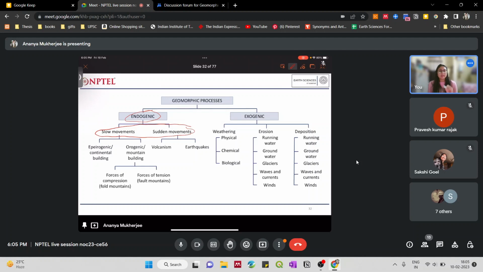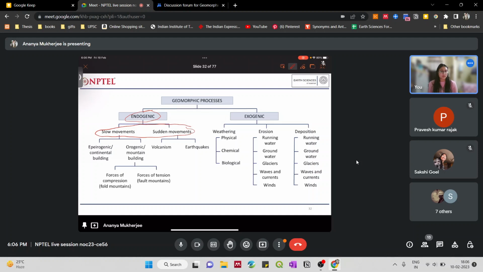These are mostly not caused by the agents acting on top of the earth's surface, but they are driven by the processes that are acting below the earth's surface. That is why they are called endogenic.